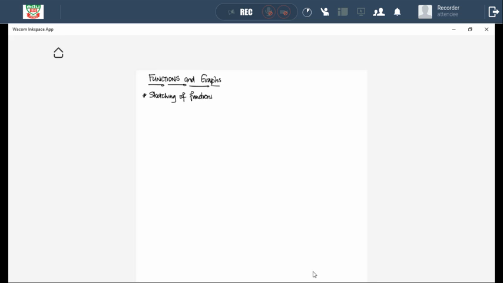Right. Now, the functions that I'm going to look at: first one, we are going to look at the linear function. I'm going to look at the quadratic function, which is also called parabolas.